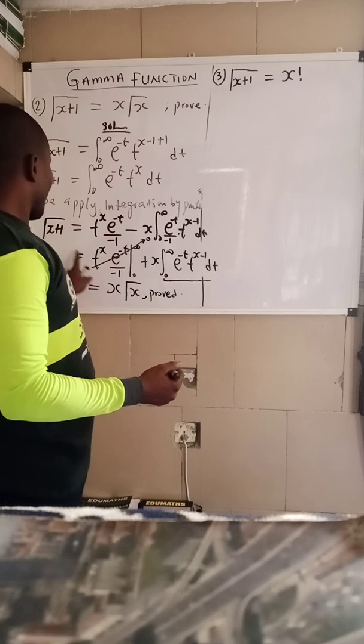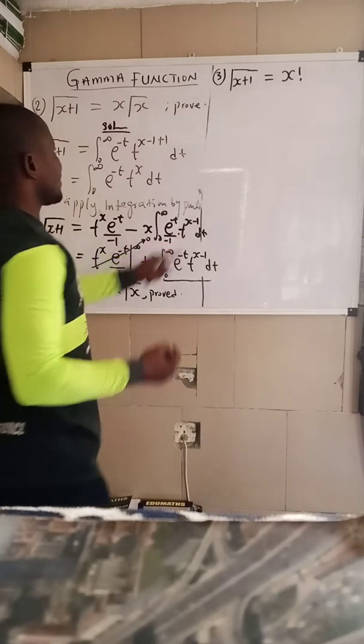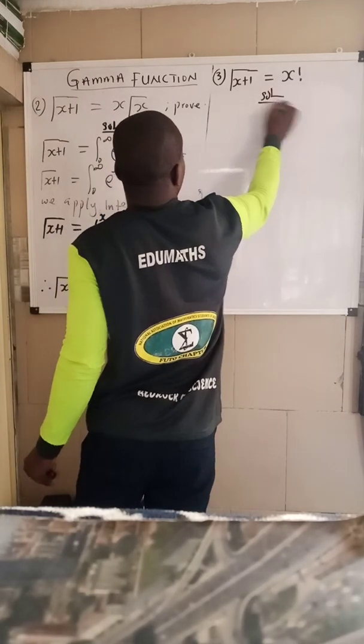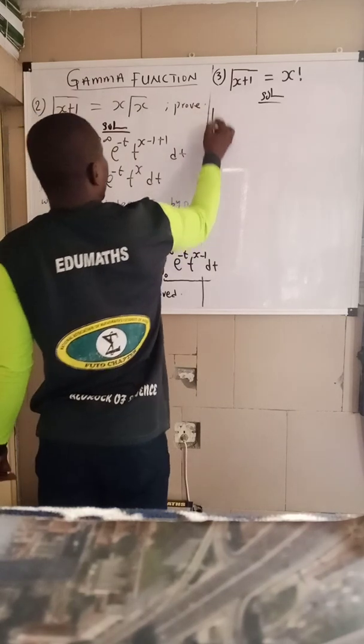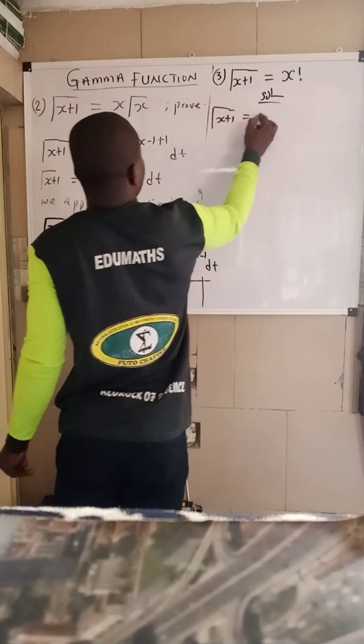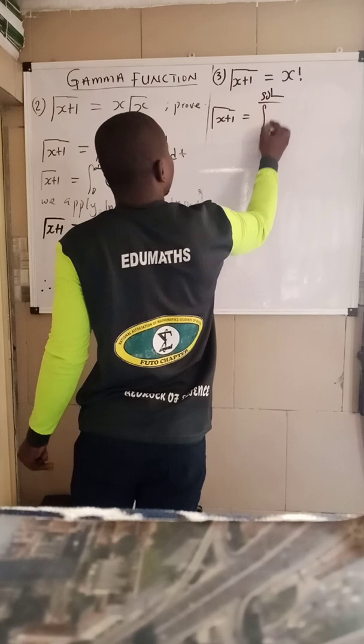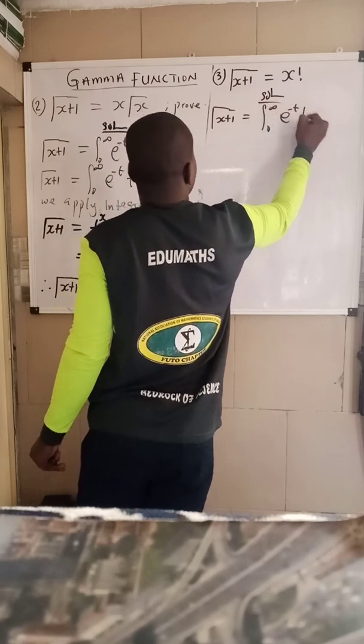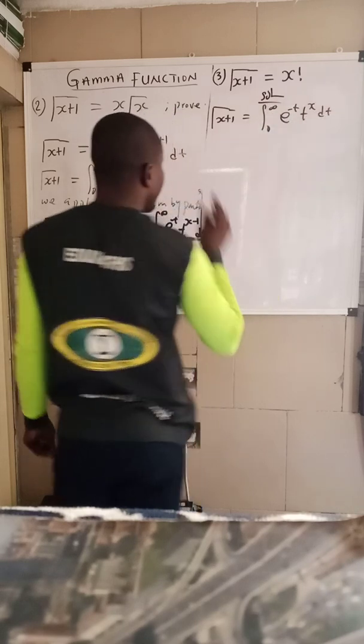Starting from here, we just have to start again. We know that gamma of x plus 1 is equal to the integral from 0 to infinity of exponential minus t raised to x dt, right?